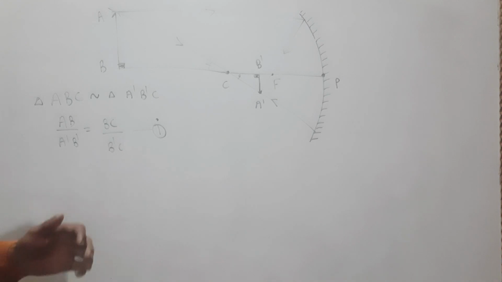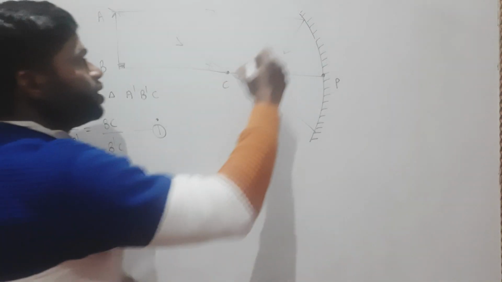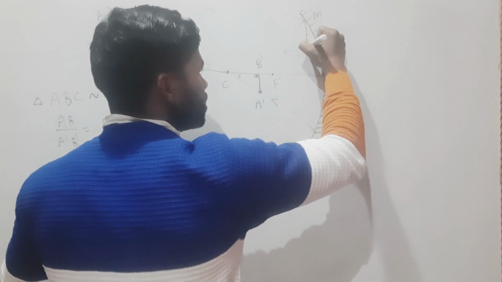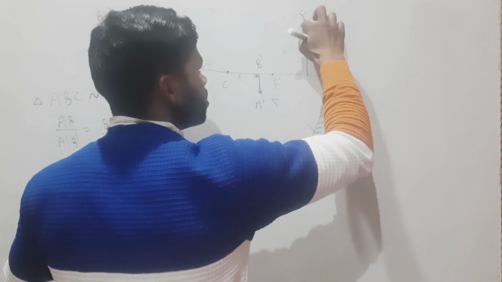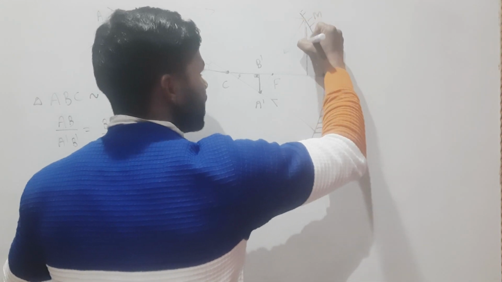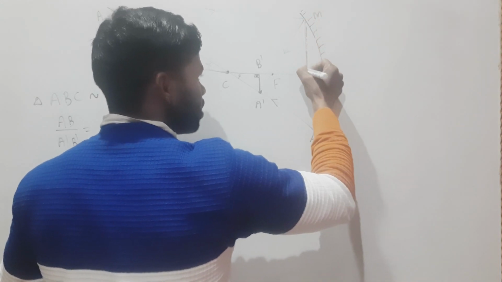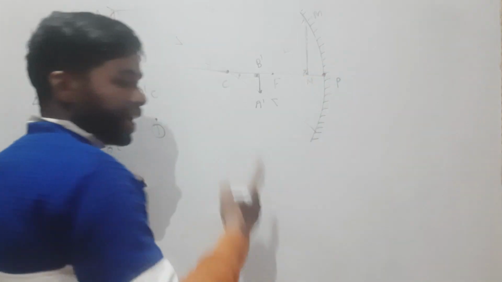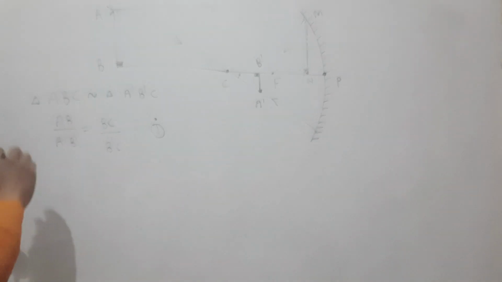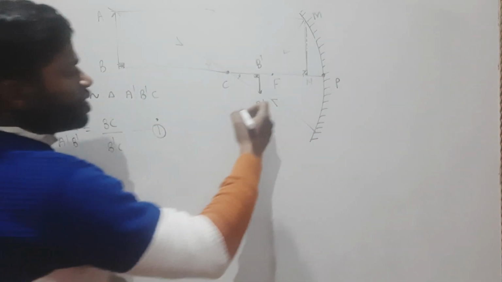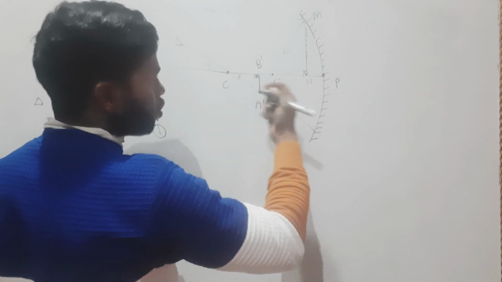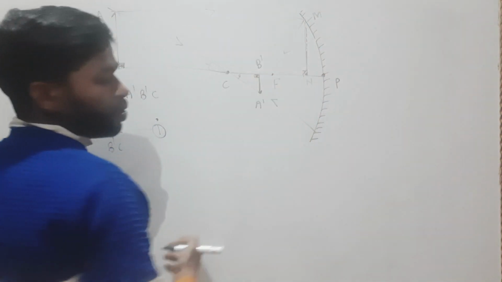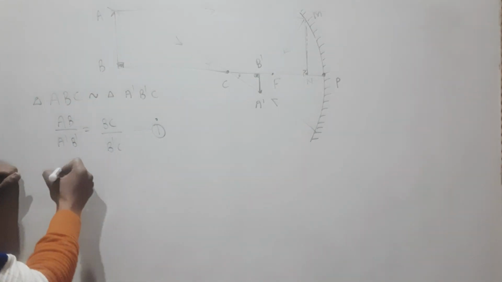Again, we can consider another triangle. If we draw a perpendicular from point M to the principal axis, the point's name is N. This is the perpendicular point N. So in the second triangle you can see A dash, B dash, F, and also M, N, F; both are similar.